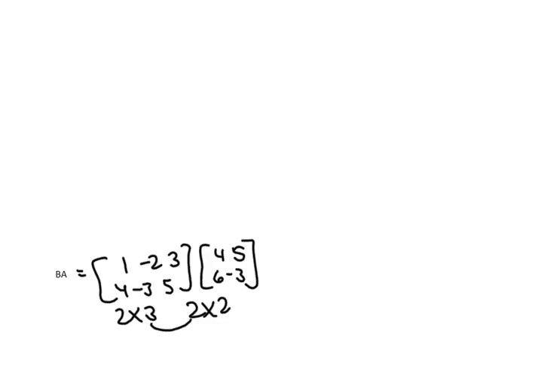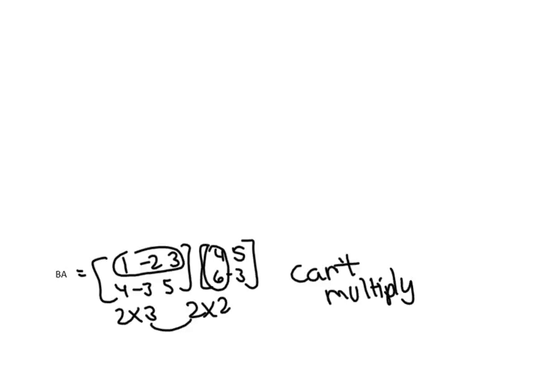Notice these numbers don't match. I can't multiply. But a better way to look at it is if I take the first row here and multiply the first column, not every single number is going to be multiplied. So right then and there, visually, I can't multiply these. That's the end of the problem here.